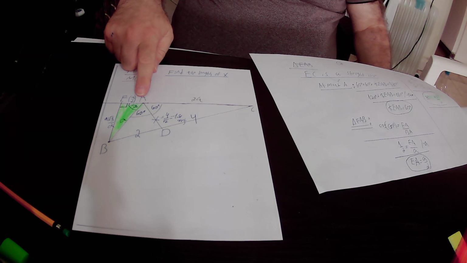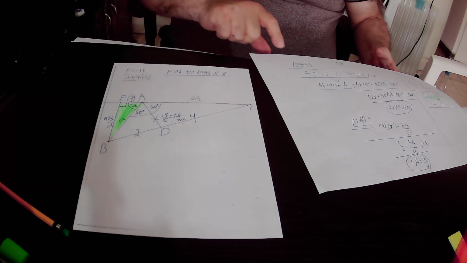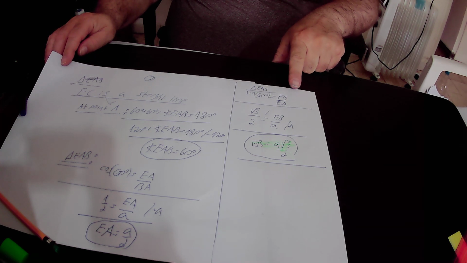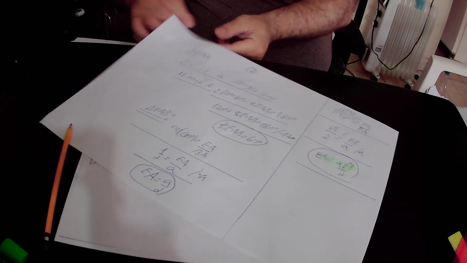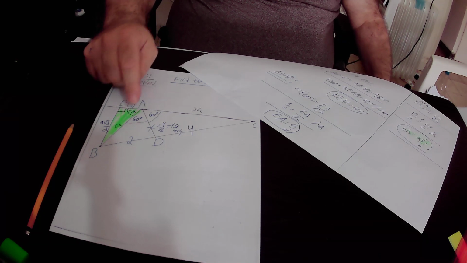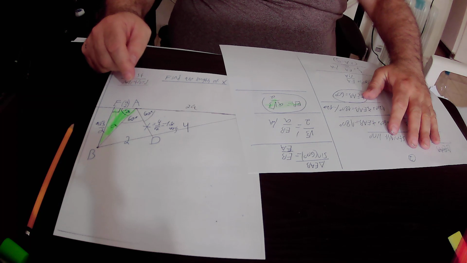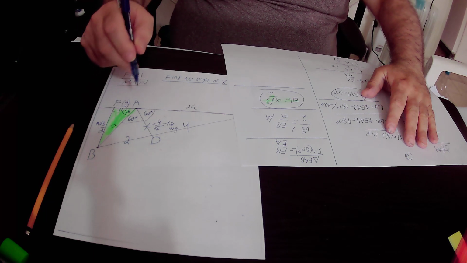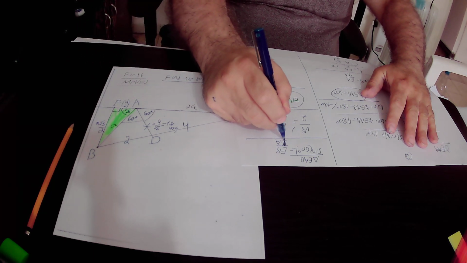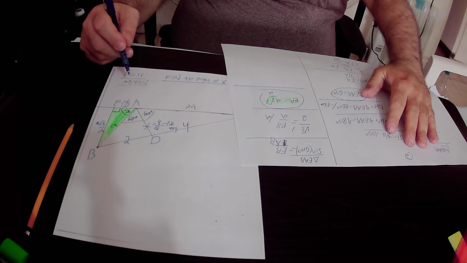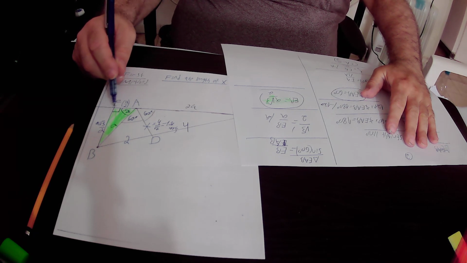Then sine of 60 degrees equals BE over AB. So sine 60 degrees equals EB over AB.